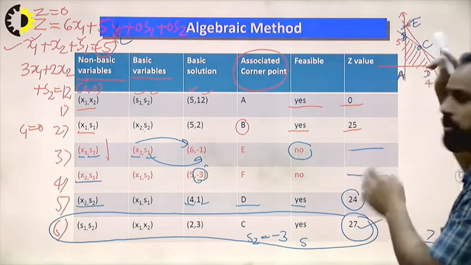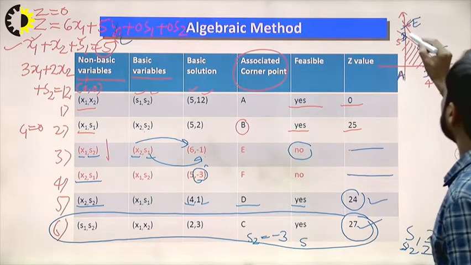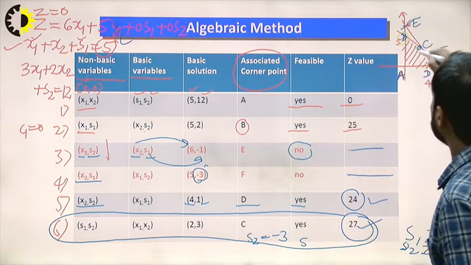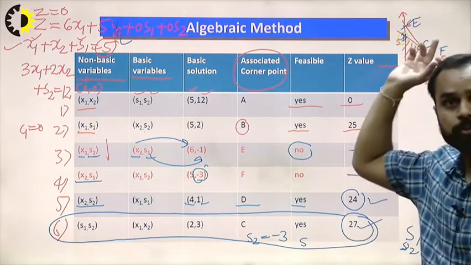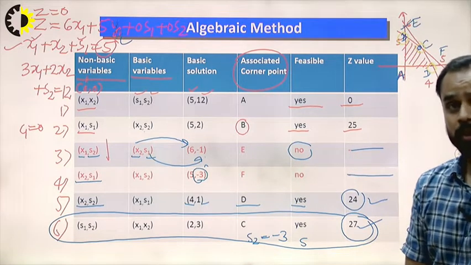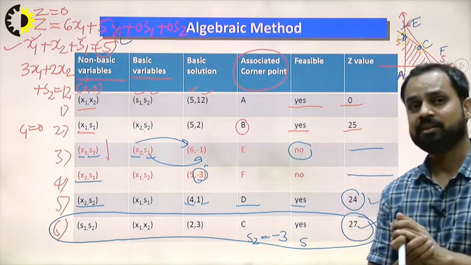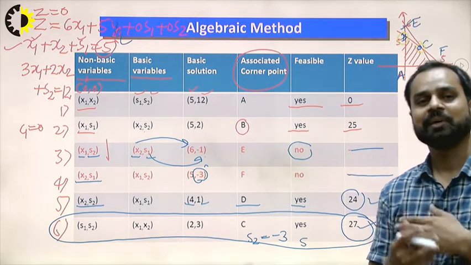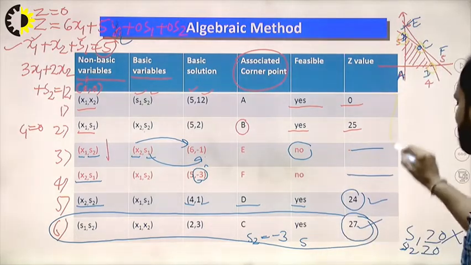Which corner points? Feasible region corner points. Just like we have calculated the value at this point, and at this point, and at this point. When we solve this problem with the graphical method, only at 3 corner points we have calculated the value of z. But in the algebraic method, we have calculated at more than 3 points. We have calculated at 6 different points.